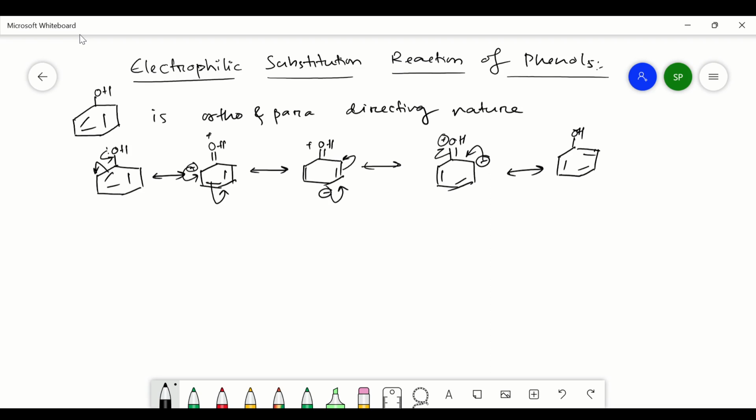So we will see the direct electrophilic substitution. We consider an electrophile as E plus. First of all, there is the phenol ring with OH. This phenol ring is ortho para directing, as we have seen earlier. So first of all, there will be delocalization of electrons, the double bond delocalization here.